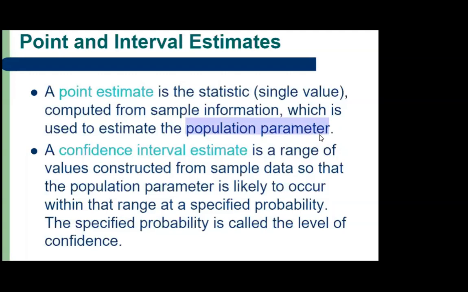The easiest way to remember this is population's average versus sample's average. The estimate comes from the sample we take. We take a sample and calculate its average, versus the population's parameter.